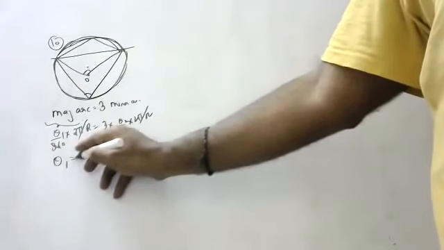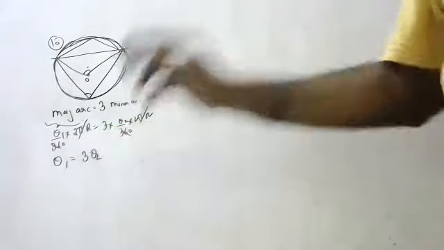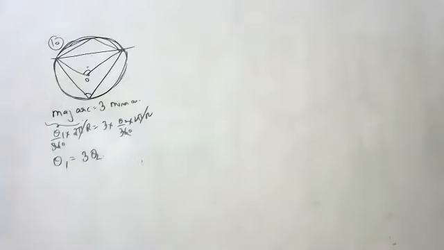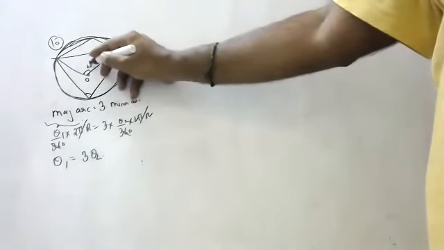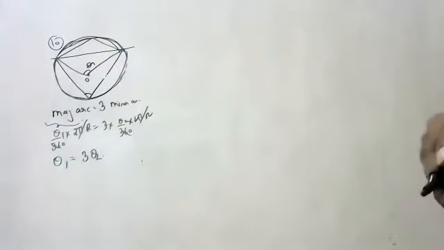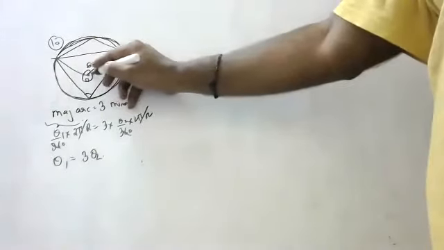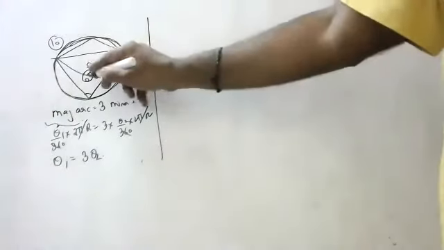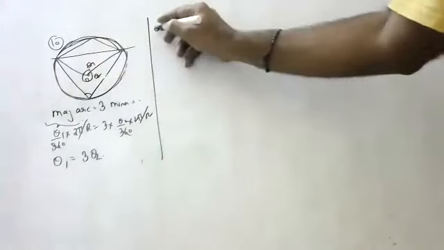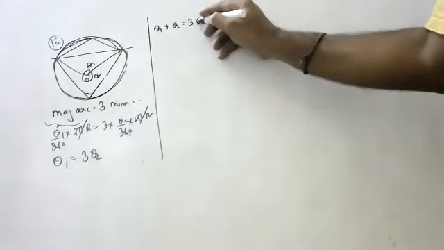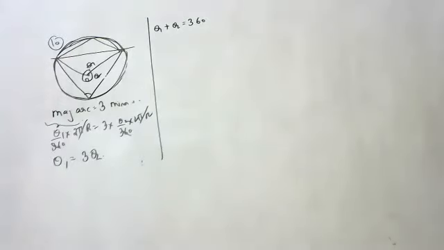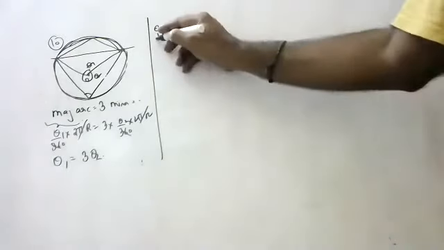So the big angle is 3 times the small angle. Children, this is the big angle, theta 1, and this is theta 2. Theta 1 plus theta 2, anyone? 360 degrees, the complete angle.